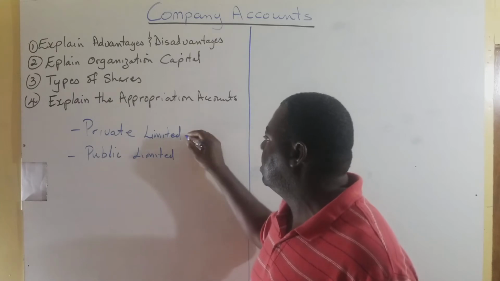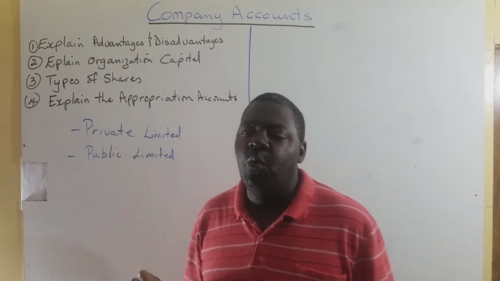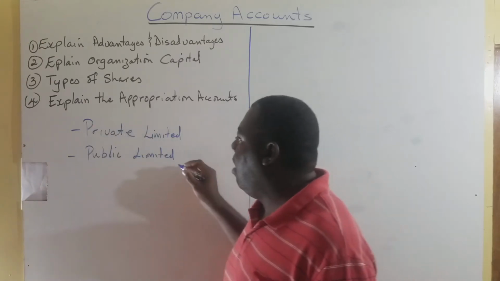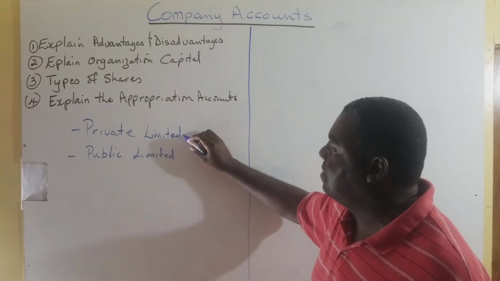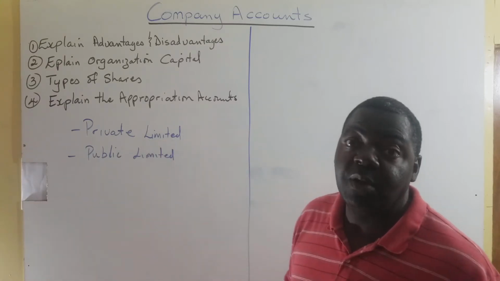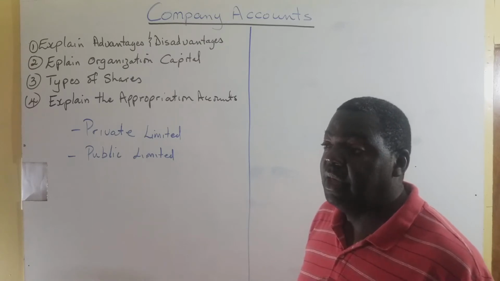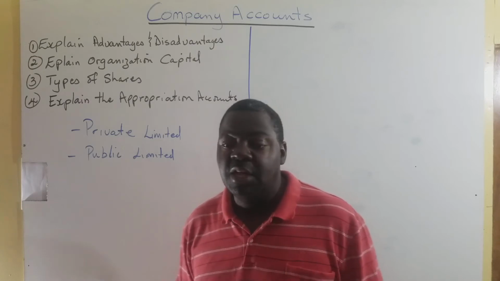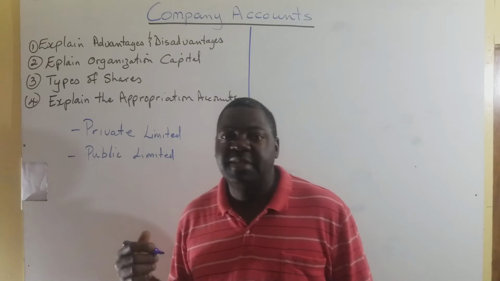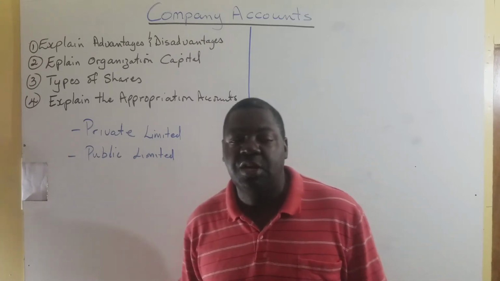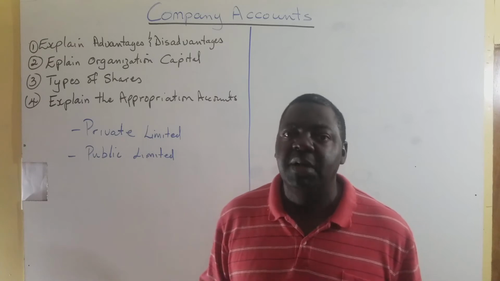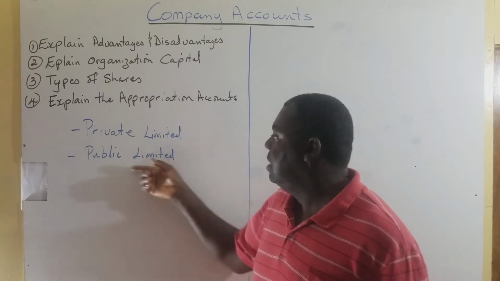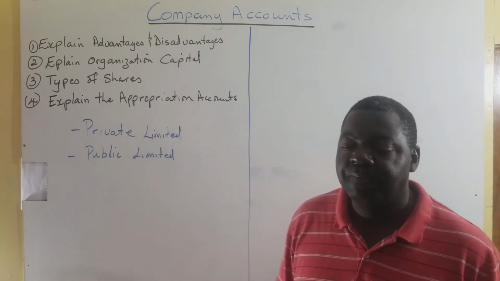So it may be private discussions with friends and family members to become a part of that company. Unlike the private limited company, the public limited company advertises to the general population or the public, and anyone can become a part owner and be a part of a public limited company.